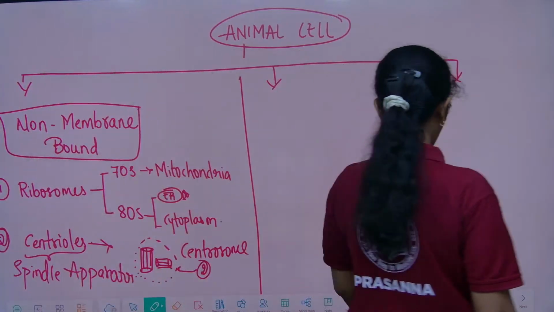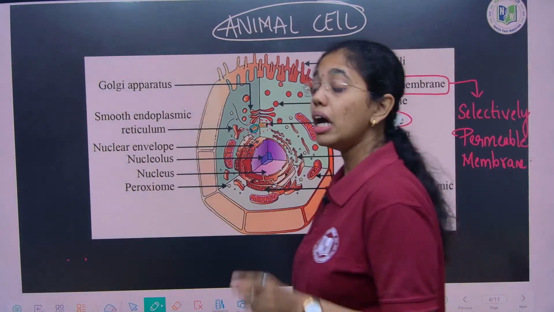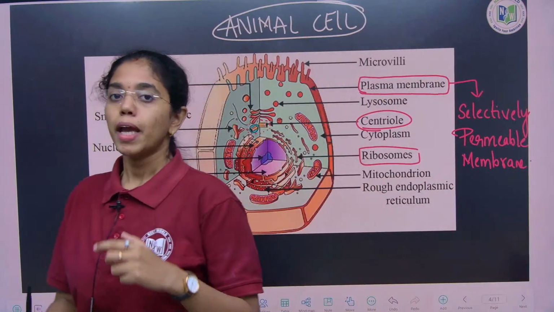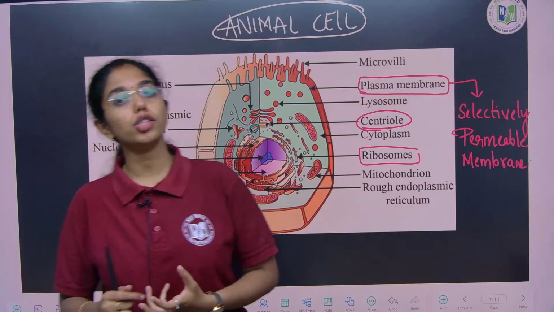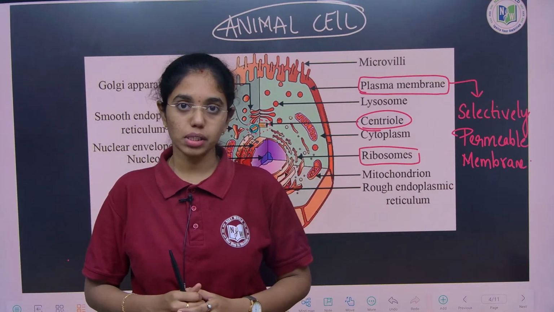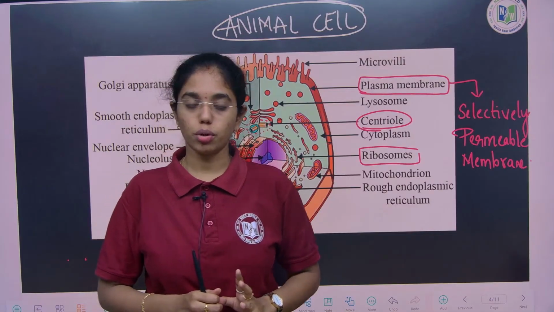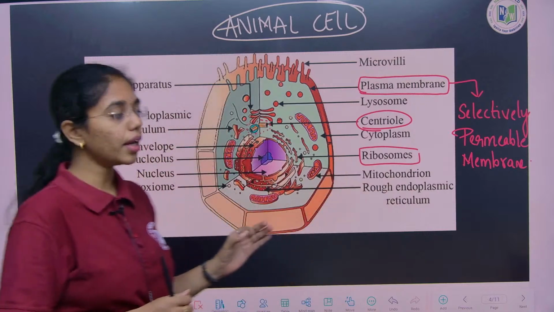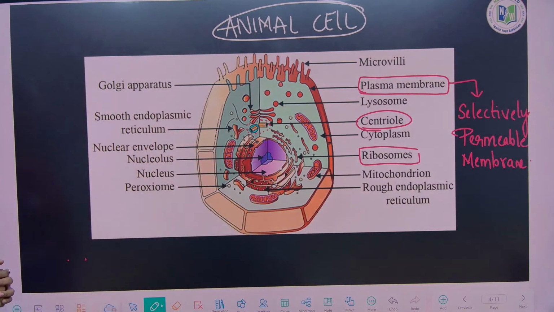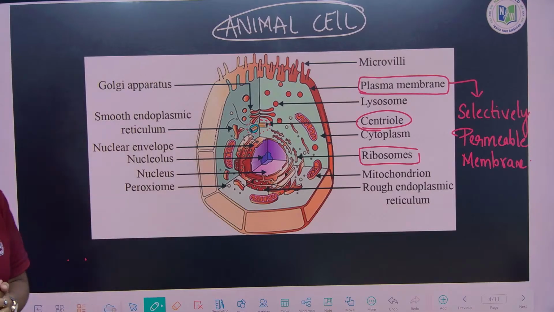Next, coming to the single membrane bound organelles, it is the same as in a plant cell, but with one difference. In a plant cell the vacuole occupies 90% of the cell's volume, but in the animal cell vacuoles are very limited or absent, because animals are locomotory and plant cells are non-locomotory.